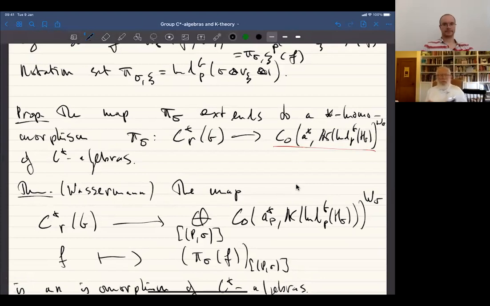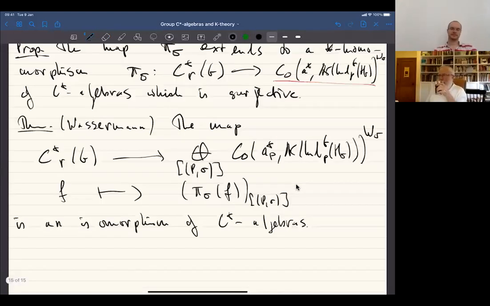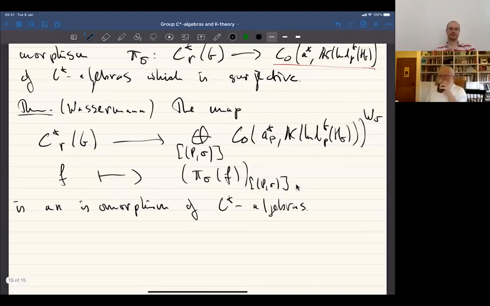I forgot to mention that this star homomorphism in the proposition is actually surjective. So that's part of this result here. Surjective. So that means that the second map in this theorem is also surjective.